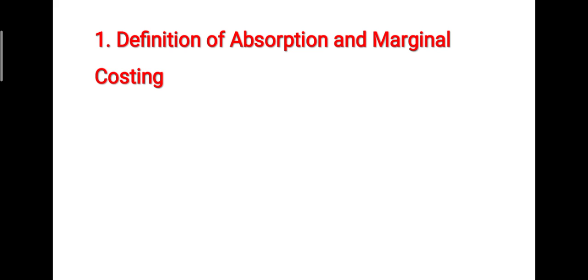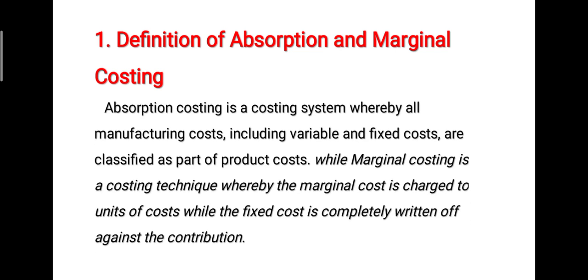So the first and foremost difference between absorption and marginal costing comes under the definition of both costing methods. Absorption costing is a costing system whereby all manufacturing costs, including variable and fixed costs, are classified as a part of product costs.